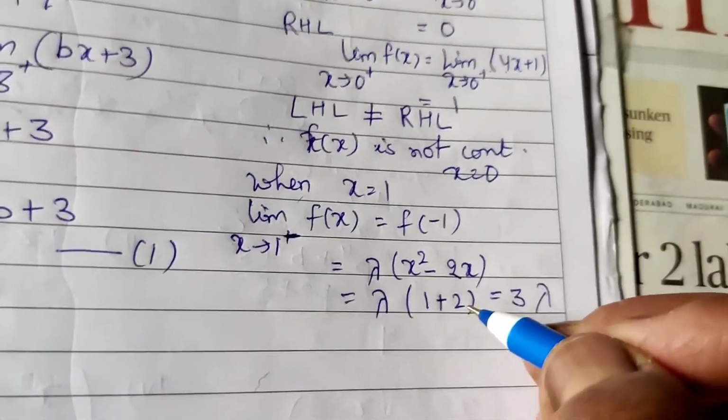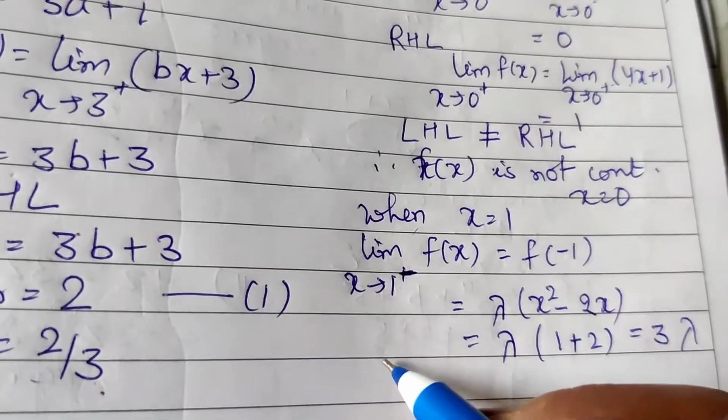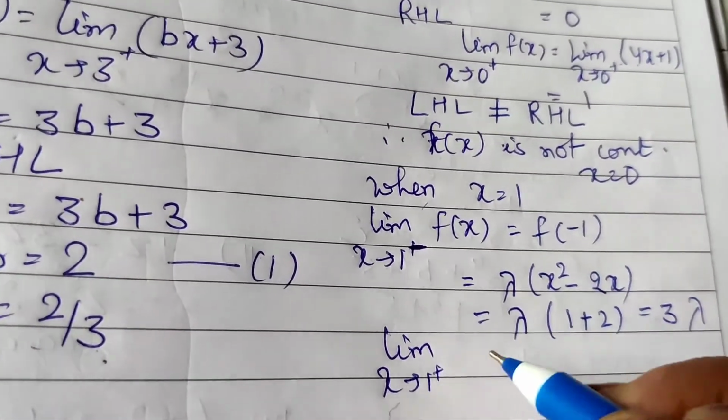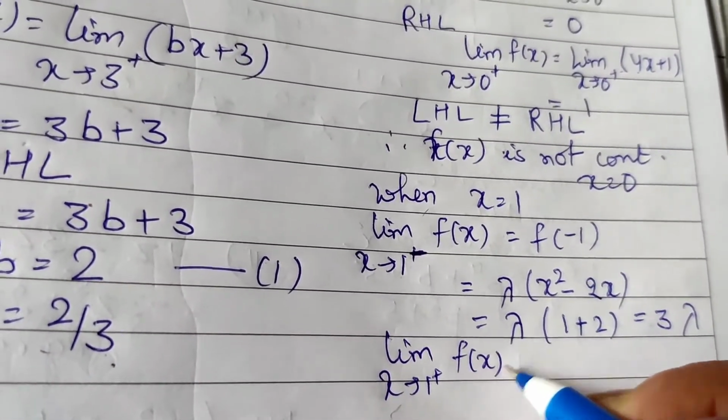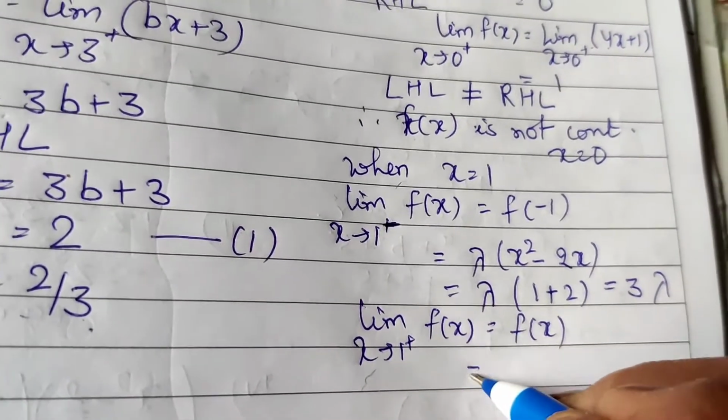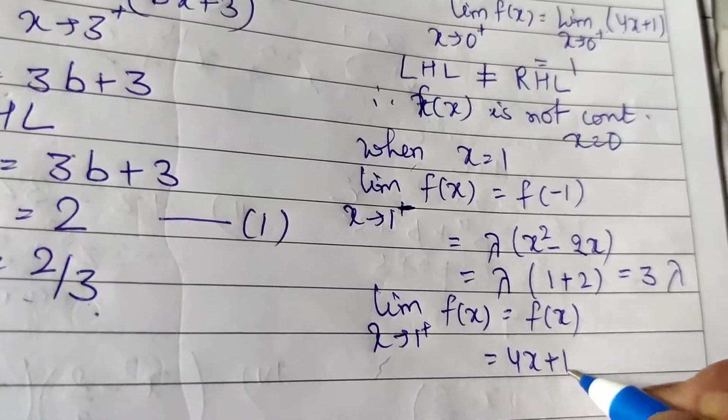And the right hand limit, when x tends to more than 1, is equal to the function 4x plus 1.